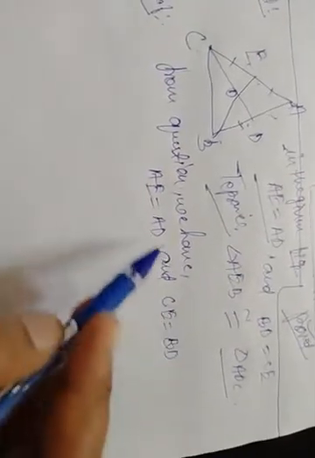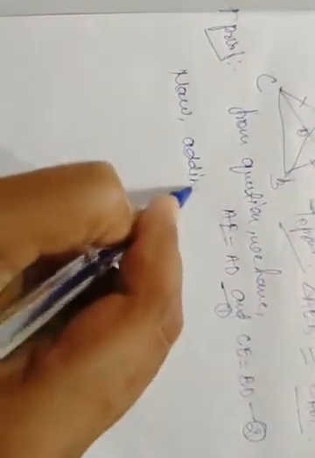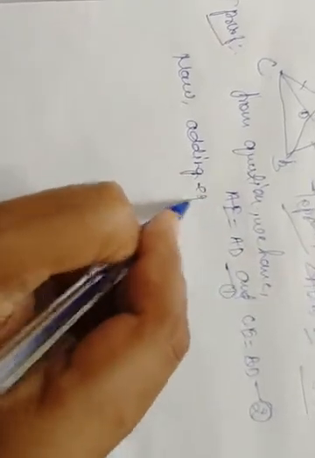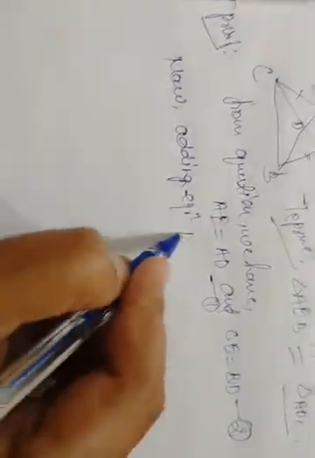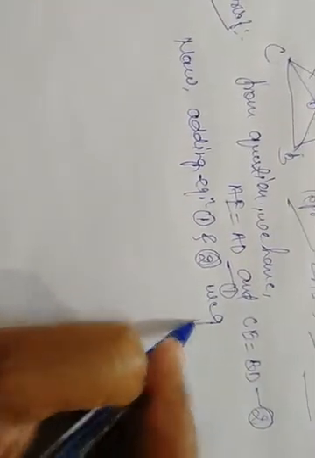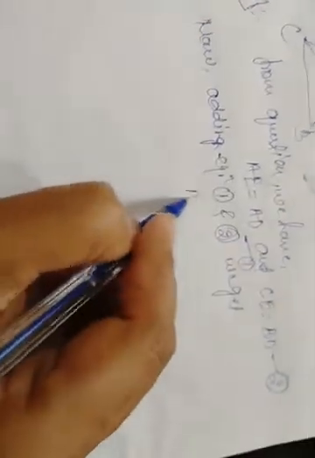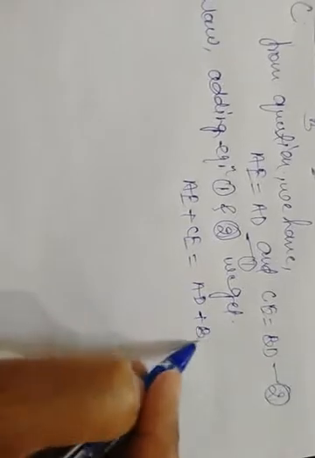Now adding equations 1 and 2, we get AE plus CE is equal to AD plus BD.